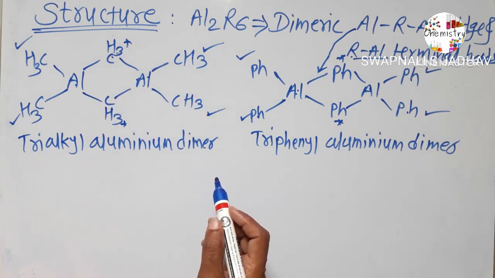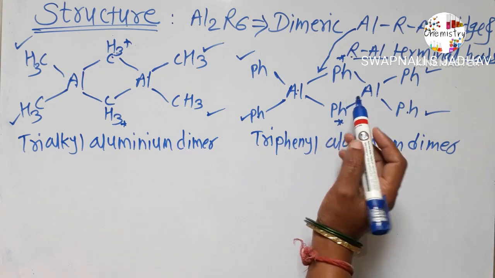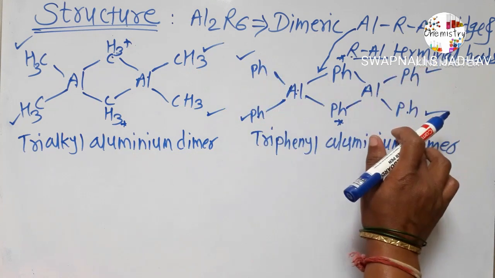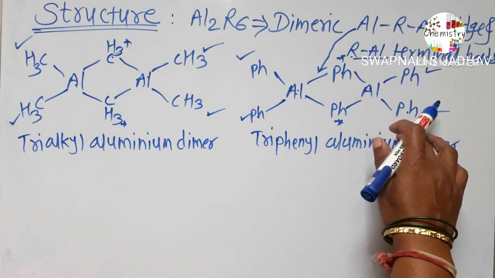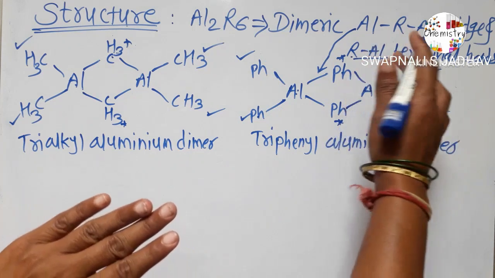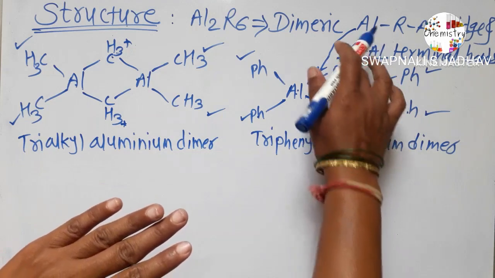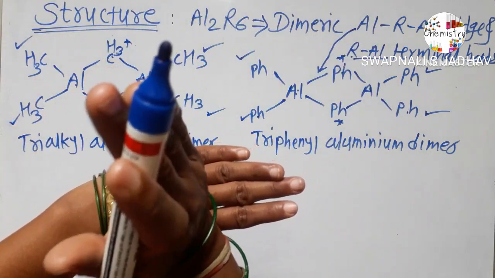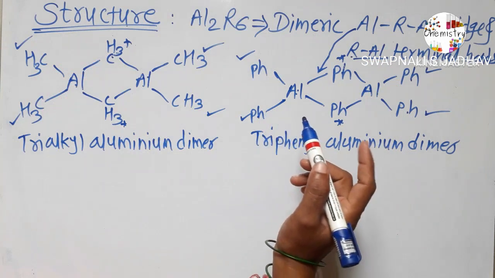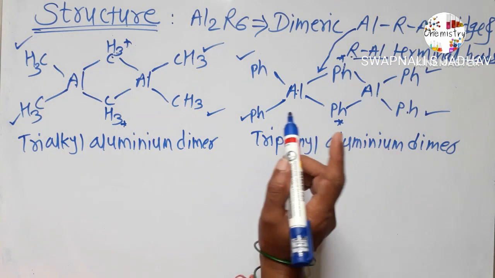So the four terminal phenyl groups are in one plane, and the bridging phenyl groups are perpendicular to that plane, to minimize the steric hindrance.